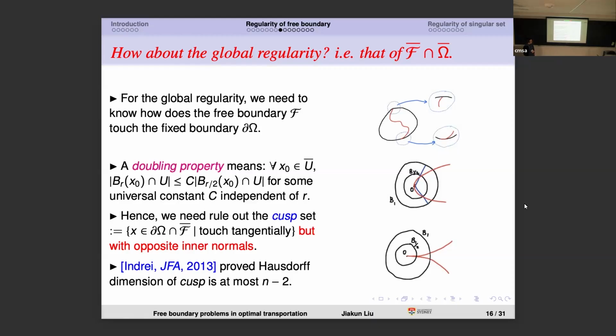About the size of the cusp set, I think the first result is given by Indrei in 2013. He tells us the Hausdorff dimension of the cusp set is at most n-2. Somehow it makes sense because the domain is in R^n, so the boundary has dimension n-1, and the cusp is the bad set, so the bad set is n-2.